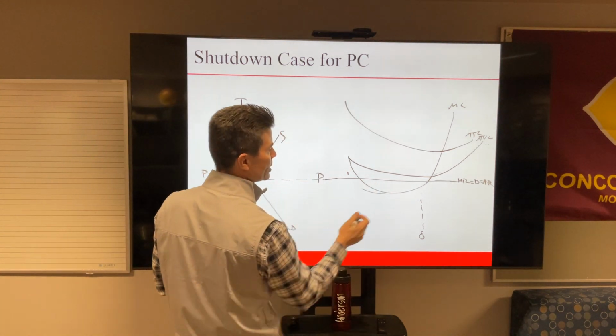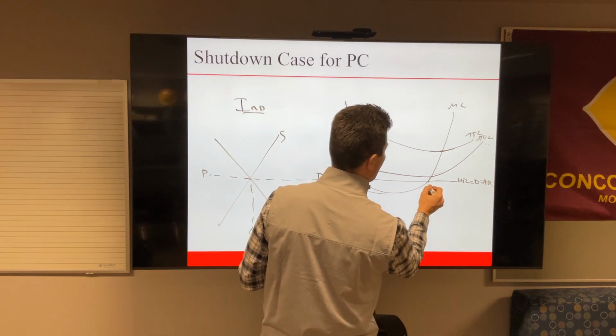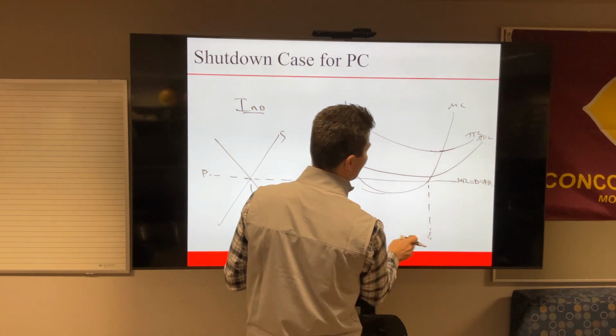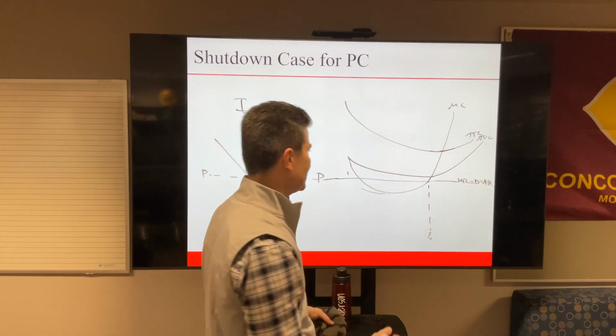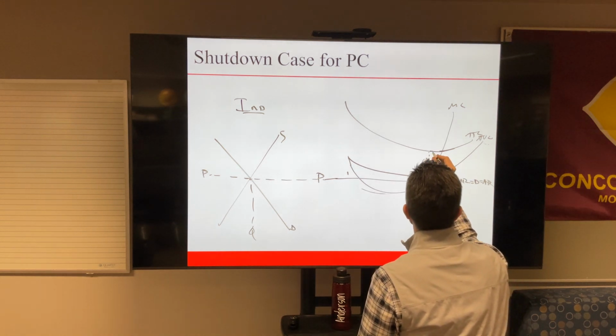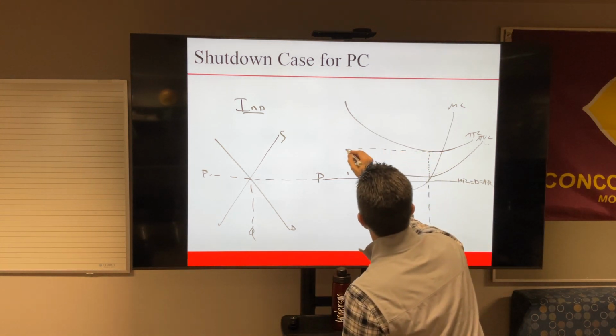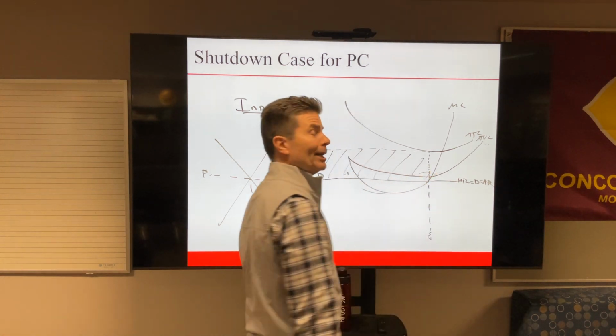As you do this, if I change my optimal quantity, my optimal quantity is down here now. Once you have that, you have to go up now to your ATC, and then I have to go over. That entire area would be your loss.